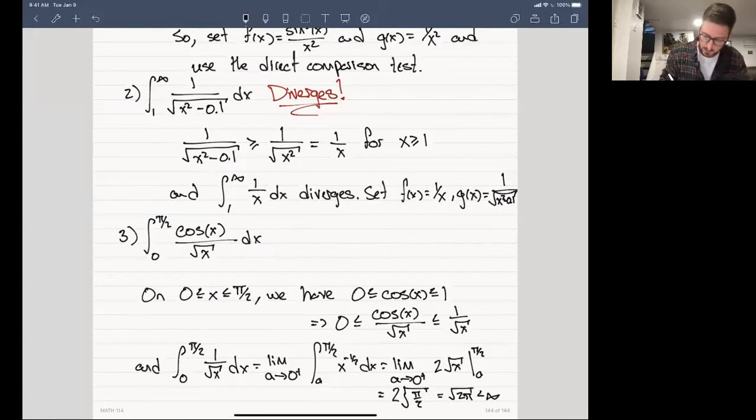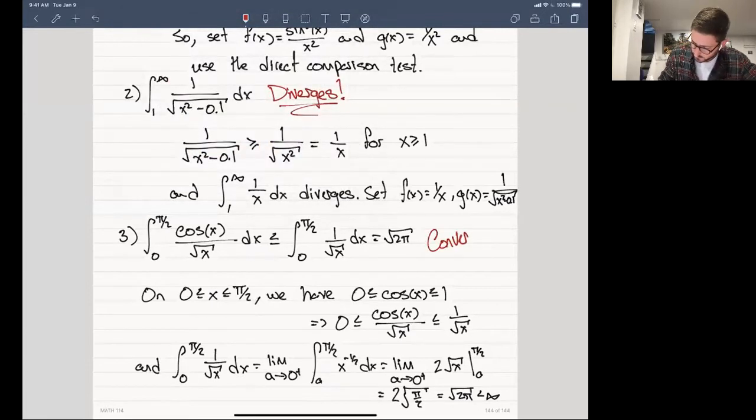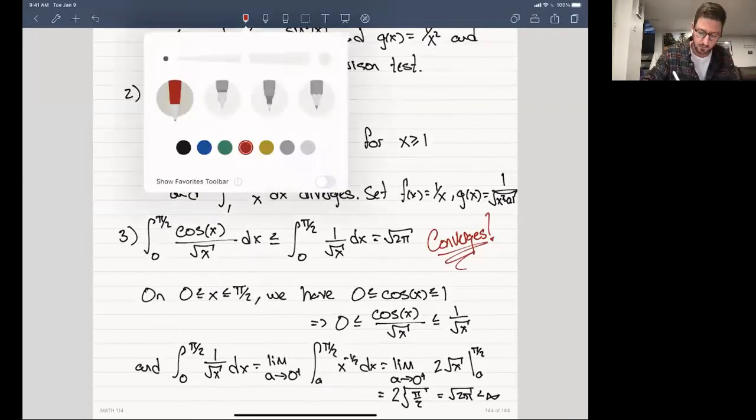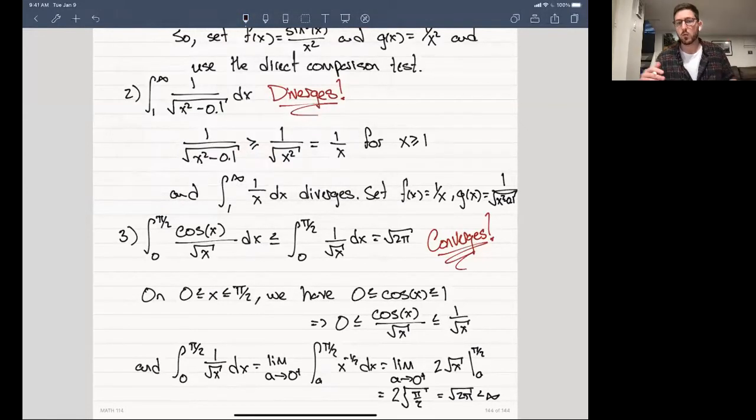So the comparison test says that this is less than or equal to the integral from 0 to pi over 2 of 1 over root x dx, which is equal to root 2 pi. So now we can see that this converges. Right, so the same thing works if you use improper integrals of type 1 or type 2. It doesn't matter.